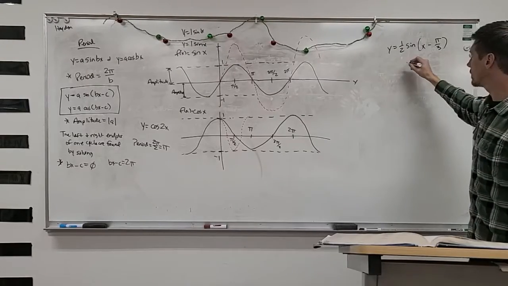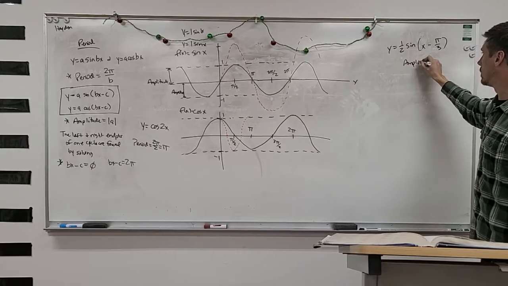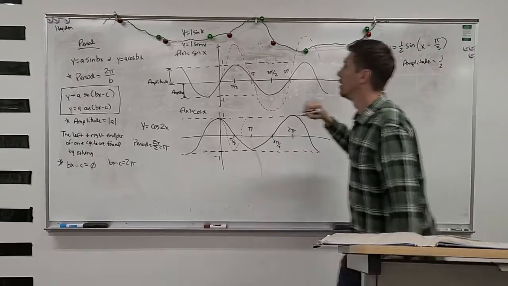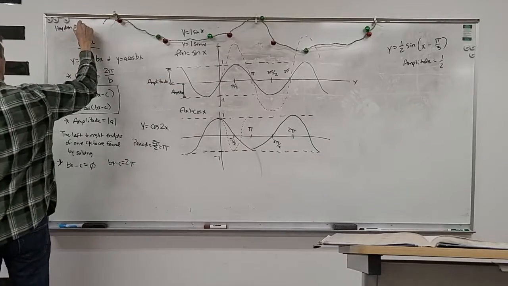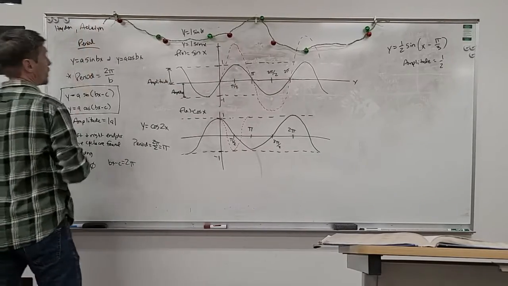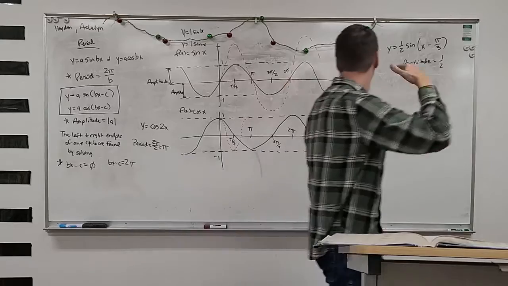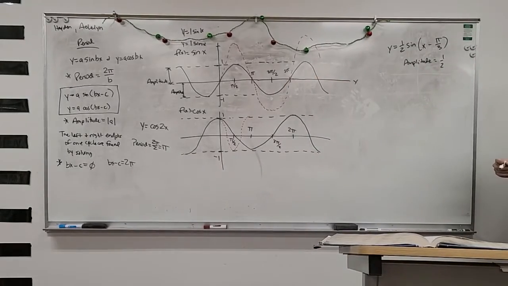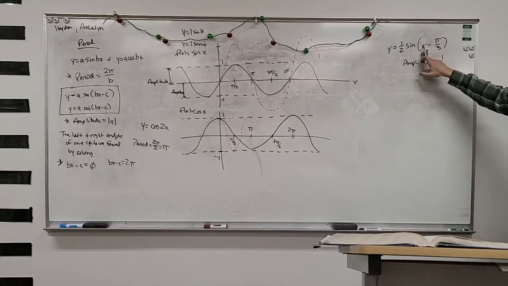So our amplitude for this guy is going to be what? 1/2. Right? So it's going to be half the height of this guy here. We've got a 1 in front of the x here, so the period's not going to change. The period's still going to be 2 pi, right?